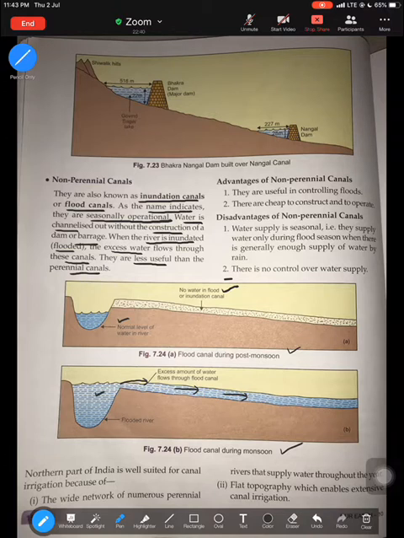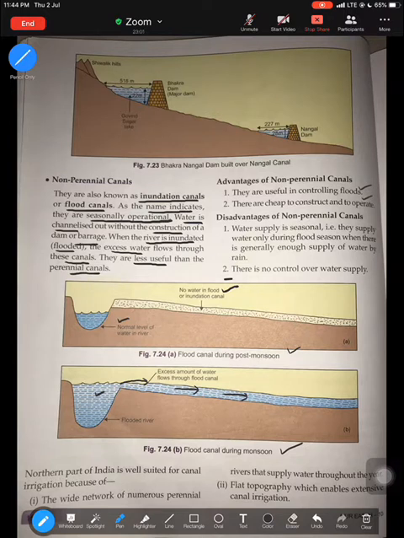And what are the advantages of non-perennial canals? They're useful in controlling floods. They don't have water throughout the year, so when the water level rises in the river, it can be provided to the cultivable land through the canal. They are cheap to construct and operate.